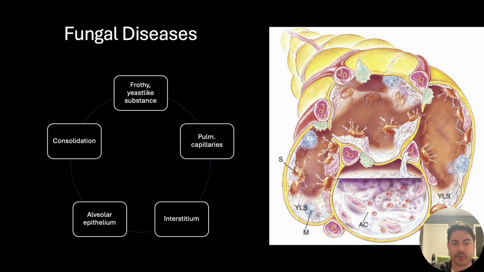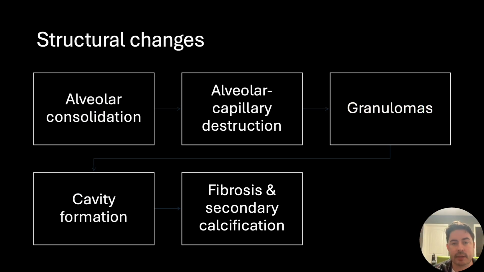A lot of times, the most common areas of involvement are the posterior segments of the upper lobes when we talk about these fungal diseases. So, definitely want to make sure that we are attuned to the breath sounds that we're listening to and the symptoms that the patient is presenting with. Fungal spores will spread throughout the air, soil, animals. It's in normal flora.